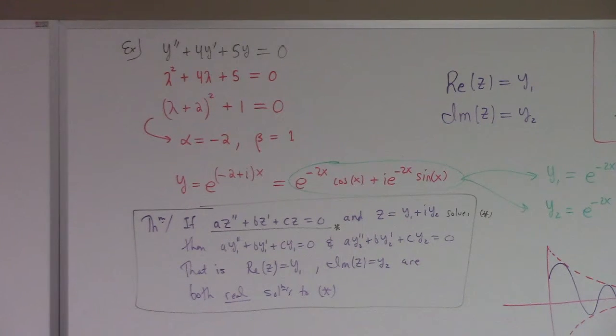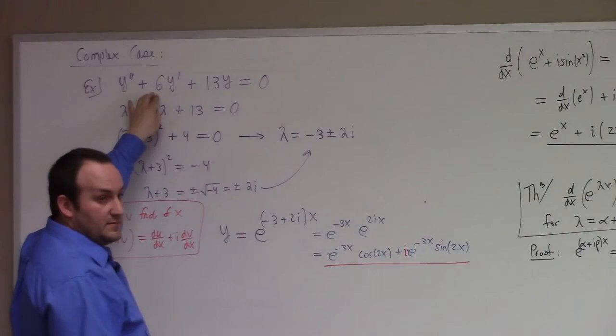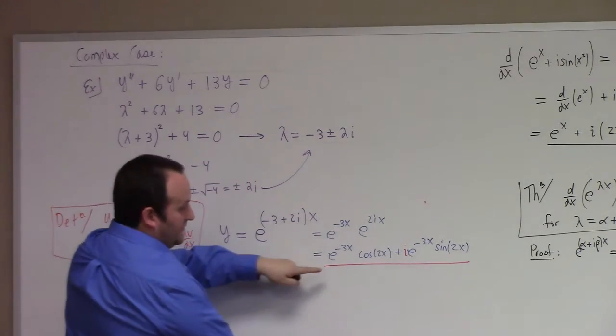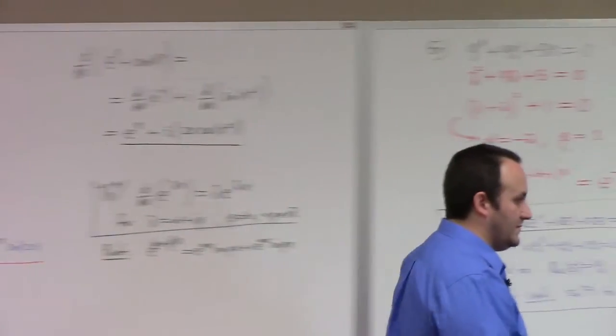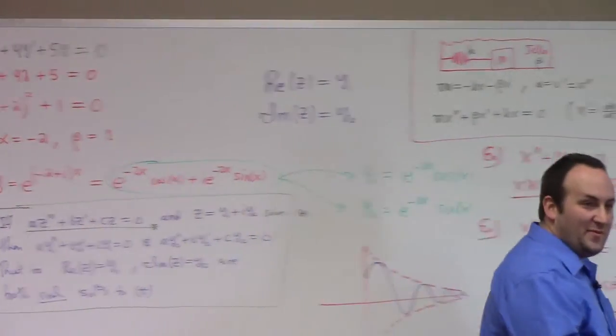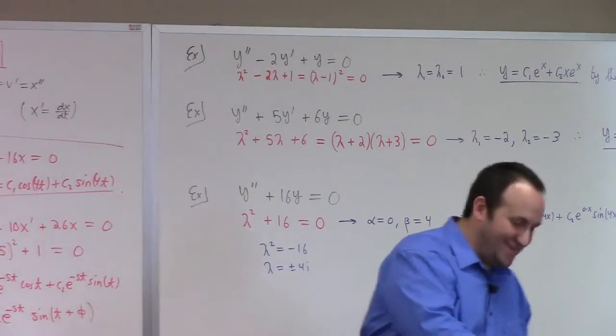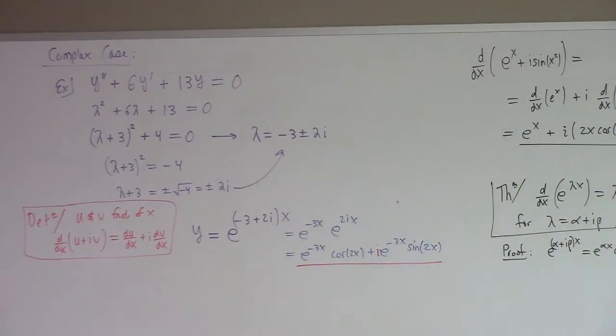So this thing I underlined in red here, is that a real solution to the differential equation? There's an i appearing non-trivially, so it's not a real solution. That's a complex solution, and that's not what we're looking for.